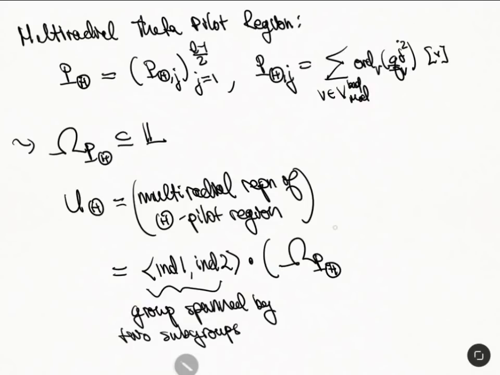Okay, and this thing here is going to be acted on by a certain indeterminacy, Ind3. Okay, and then I have to describe actually what this thing means. But what's going to happen is that this requires a bit of explanation.